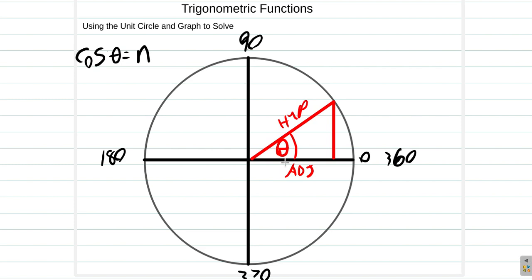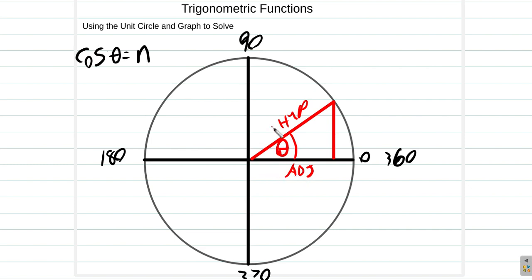Now, when you find the cosine of this angle, you're going to get the length of the adjacent over the length of the hypotenuse. The adjacent runs from left to right. It will give you a positive value. The hypotenuse is always positive.